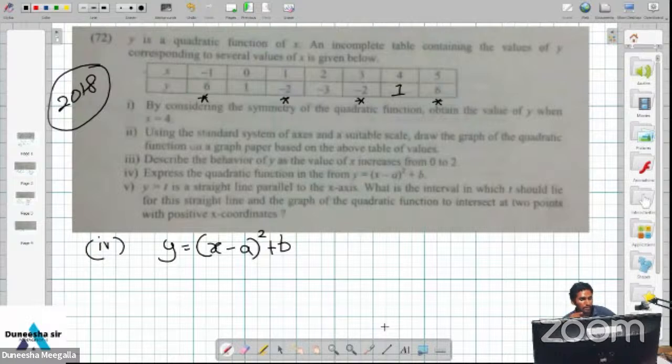The function and the straight line should intersect at 2 points, meaning the parallel line must cross the graph at two points. And the x coordinate should be positive at those points.